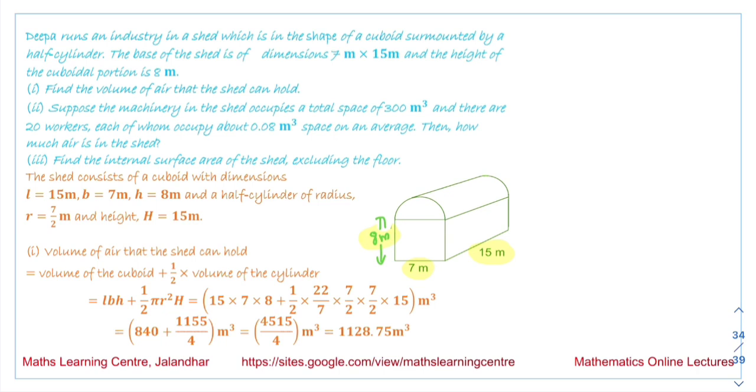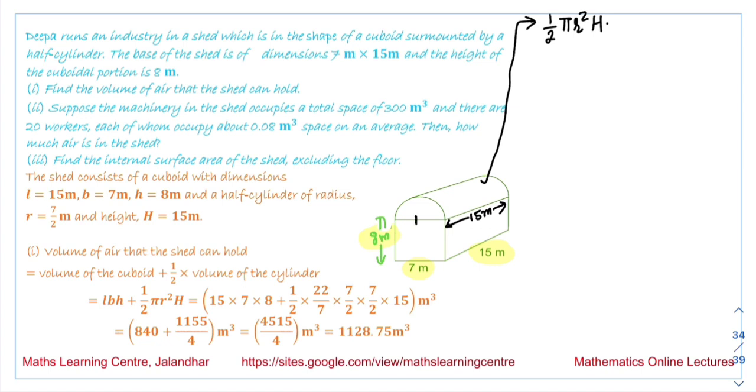So the volume of the air means two portions are there. One is this half cylinder, so the volume of this portion is 1 by 2 pi r square h. The value of h, the height of this cylinder, is equal to 15 meters.